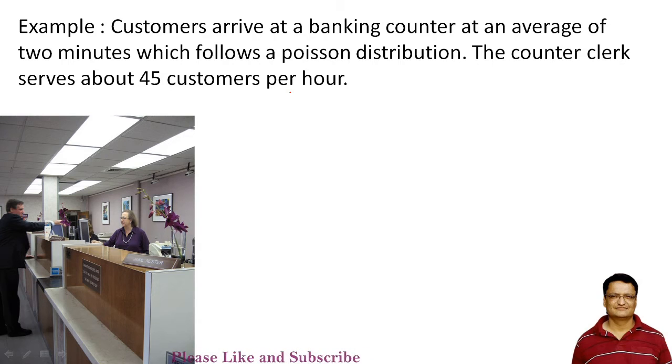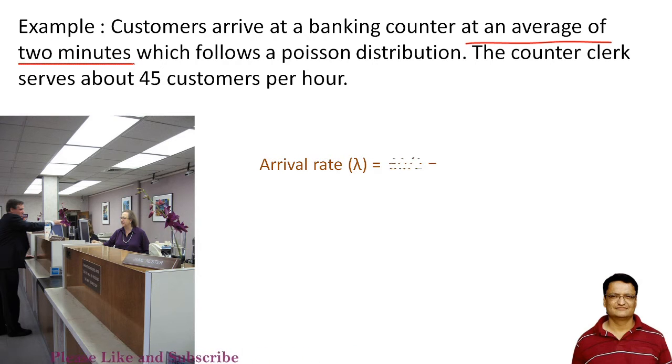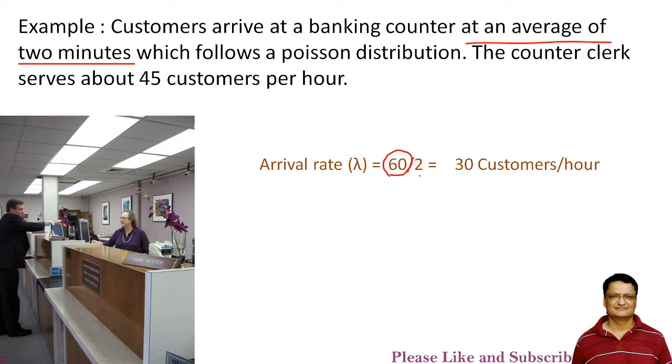Before we find out certain values, there are two most important things that we need to measure. The one is the arrival rate. What is the arrival rate? Now it is given that customers are coming to the bank at an average of 2 minutes. So in 60 minutes, how many customers are coming?